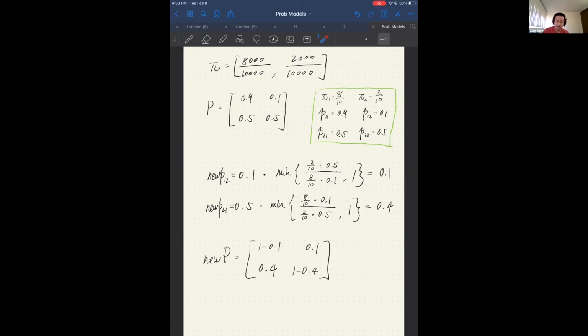In this case, we can compute the two off-diagonal entries, which is 0.1, over here, and the other off-diagonal entry is 0.4, which is over here. This will give us the off-diagonal entries, and then the diagonal entries will just be 1 minus 0.1 and 1 minus 0.4.